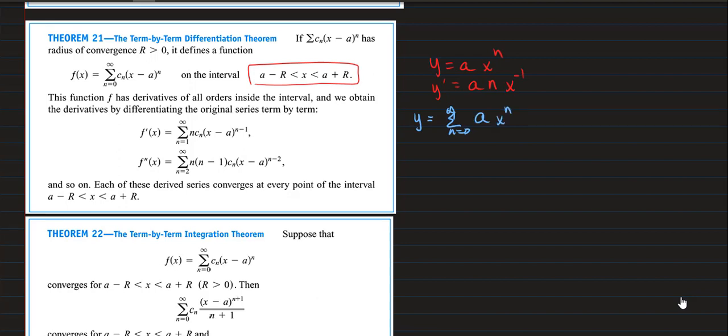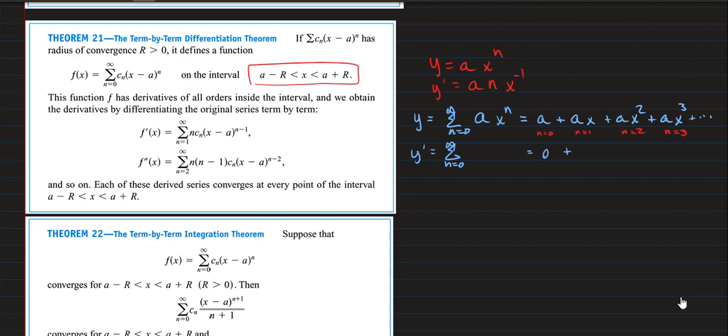So if I have y equals a series ax to the n, and I expand that series, that would give me a plus ax to the first plus ax to the second plus ax to the third, and so forth. When I take the derivative of the first term, when n was equal to 0, the derivative of a constant is 0.